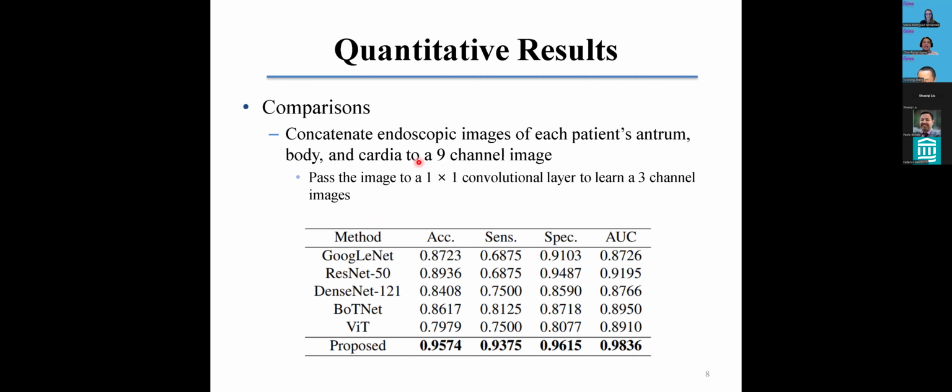So we concatenate the endoscopic images of the patients from the entrance, body, and cardia into a 9-channel image and perform a 1-by-1 convolution layer to learn a 3-channel image. Then these 3-channel images are input to the following classification network for comparison.